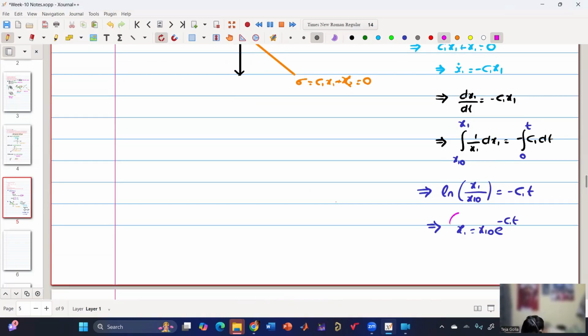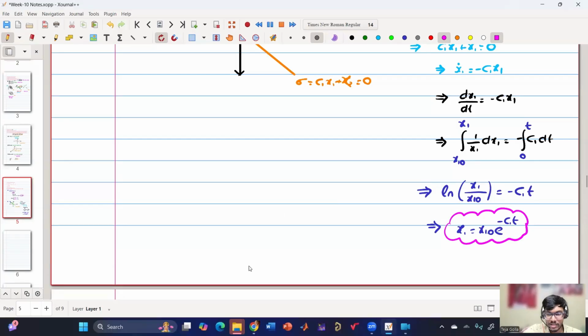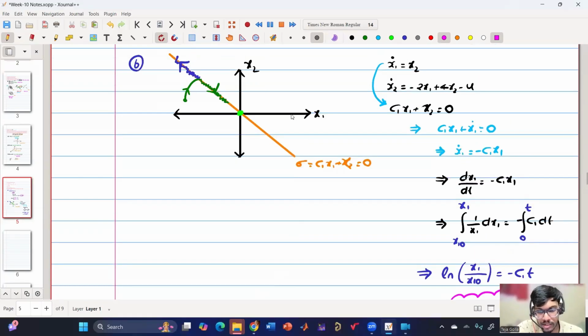So this is the dynamics of x1 along the sliding surface. Now I know that if x1 is tending to 0, then it is coming towards the equilibrium point. If x1 is increasing, then it is going like this.